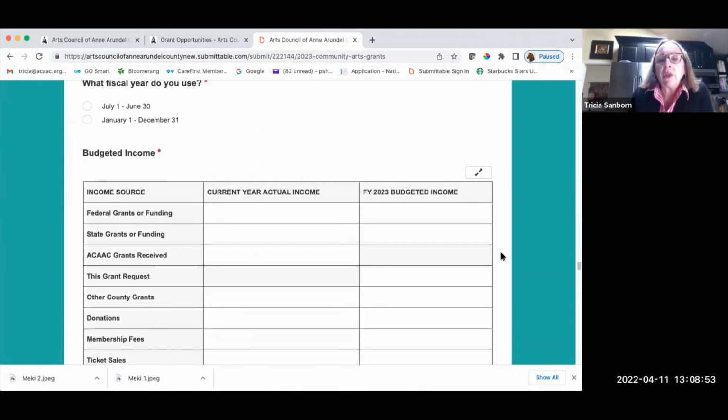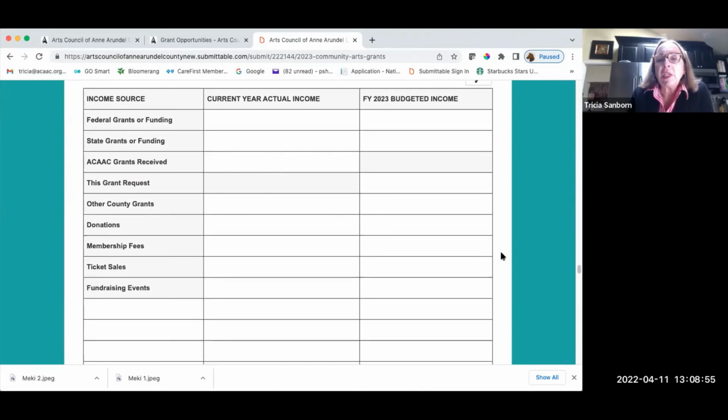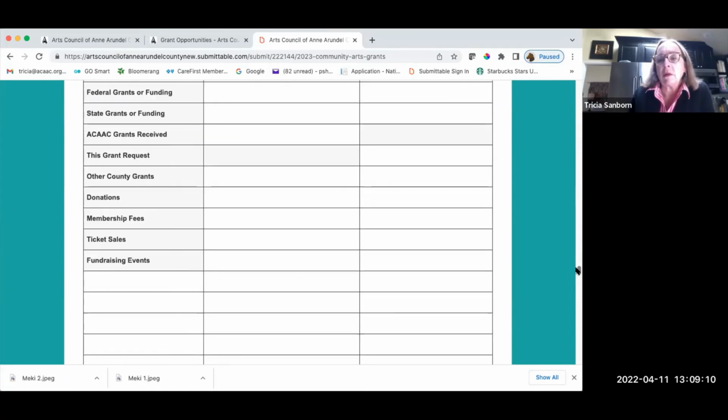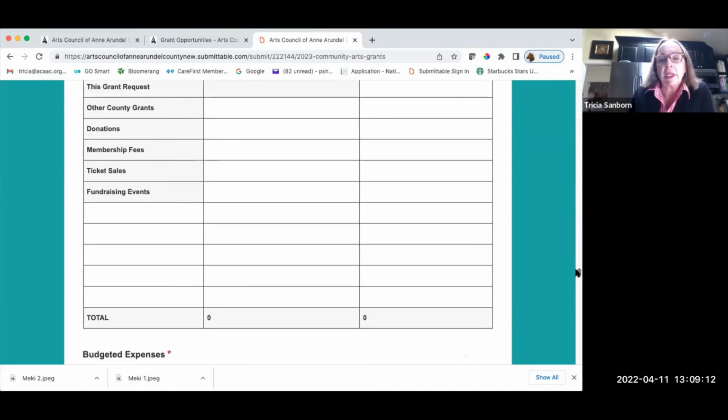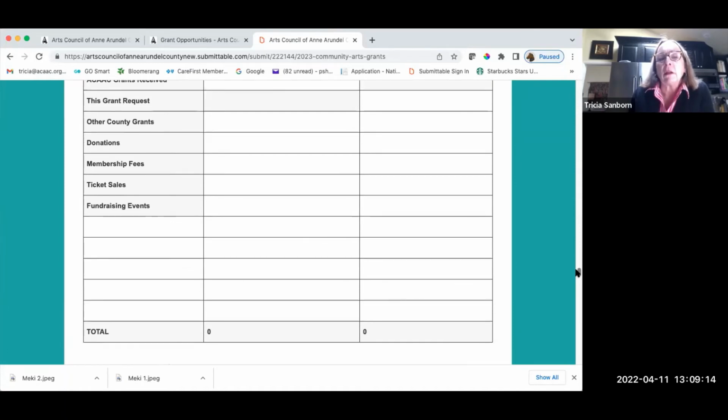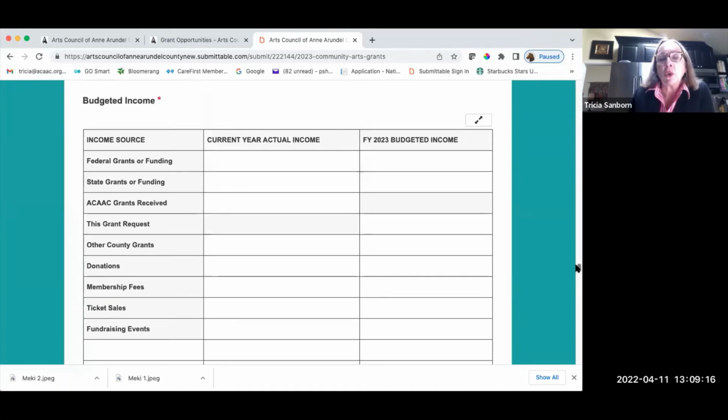Again, with this budget, these tables will work really well if you fill out a 0 in each empty space, and if you save before you submit. Another recommendation: please go back and look at your budgets and make sure they're totaling.